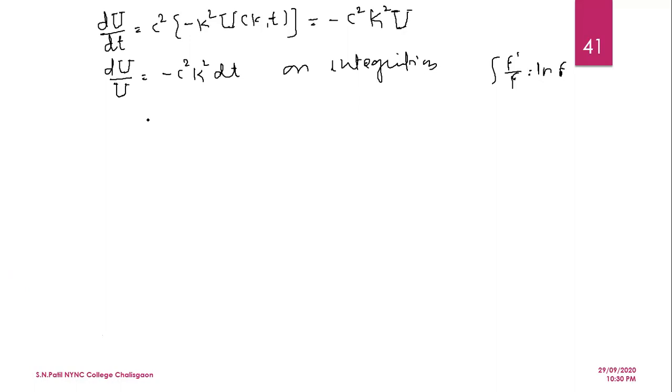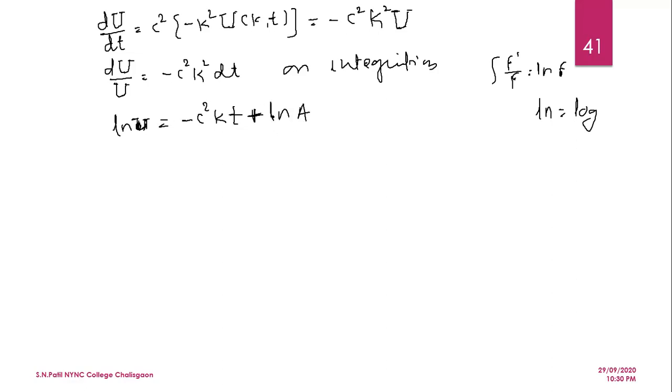Then on integration we get ln of U, we write ln meaning natural log, is equal to minus c square k square t, and the integration constant is also logarithmic, that is ln a.